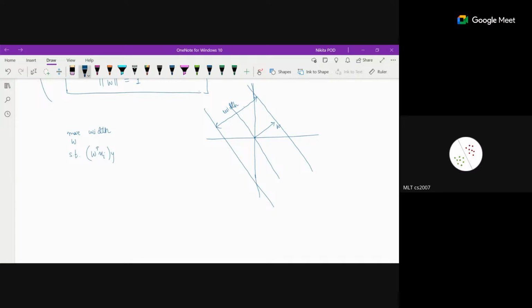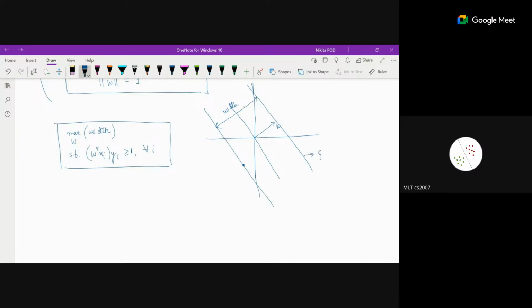So this is what we are trying to maximize. Now, how can we mathematically formalize this? Let's take some point X on this line. So what is this line?